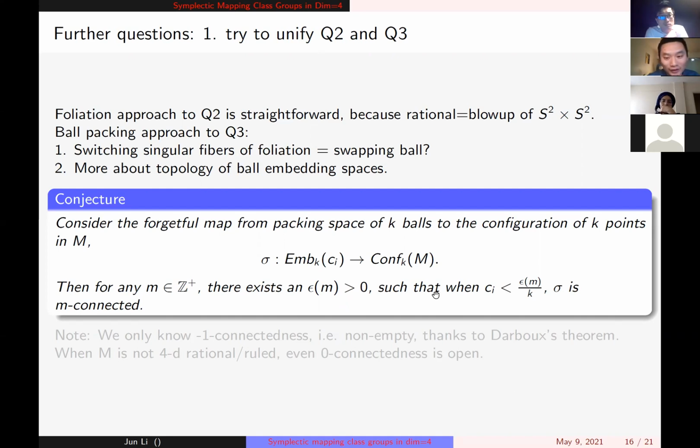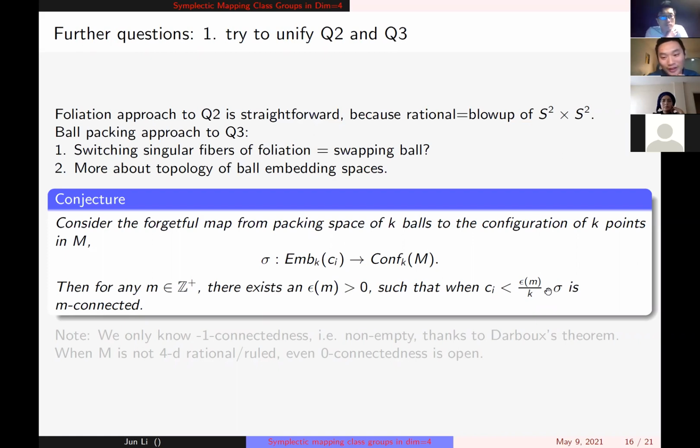We are wondering if we have a nice control of the simplex sizes, small ball sizes, then a certain level of homotopy groups of the configuration space should be pulled back to the space of embeddings of balls.